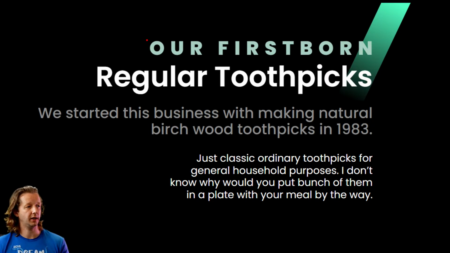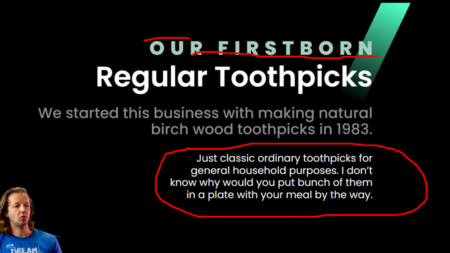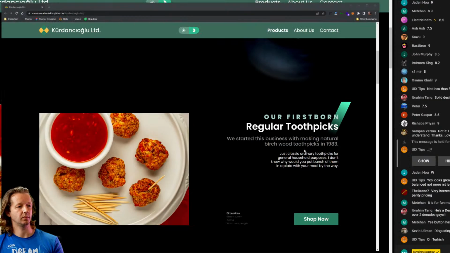So this area right here should be smaller type. And then this right here needs more leading or line height, and I would also probably push it down further away from this right there.